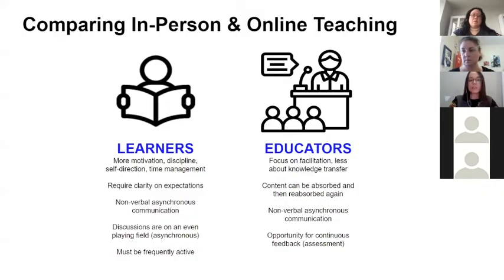Engagement is important for in-person education and online education, and that's absolutely true. But what we find is that learners in online environments typically require more motivation, more discipline, more self-direction, and even more time management compared to an in-person equivalent of that course.